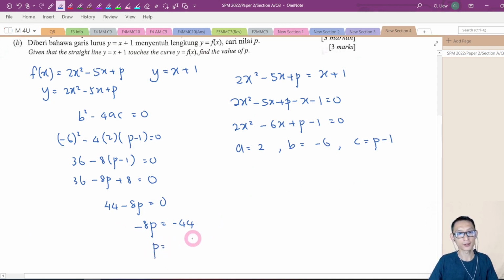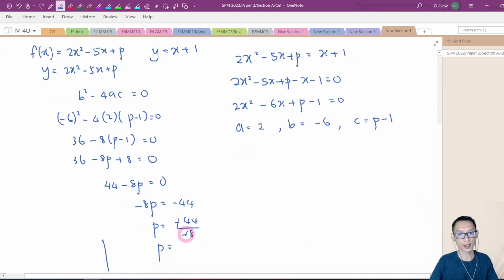So p is equal to negative 44 divided by negative 8. P is equal to, the negatives can just cancel out, and divided by 2, divided by 2. Oh, we can divide it by 4. So you will get 11, and this will get 2.